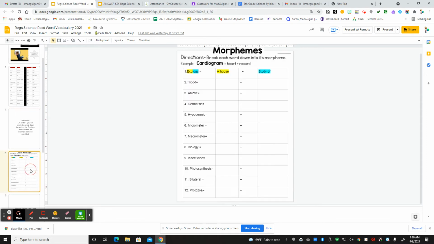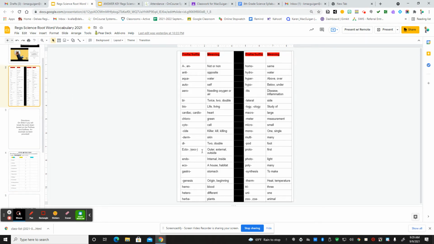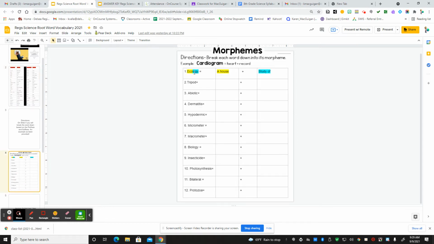This is going to be broken into 2 days. The first day, we're going to be looking at these sciencey words, and we're going to break them apart. So if you can look at my example, I have ecology. Eco means a house, or if you go back here just to double check, eco, a house or a habitat. And then the logy or ology means the study of.